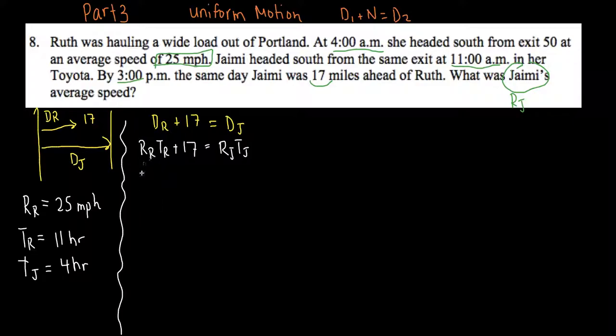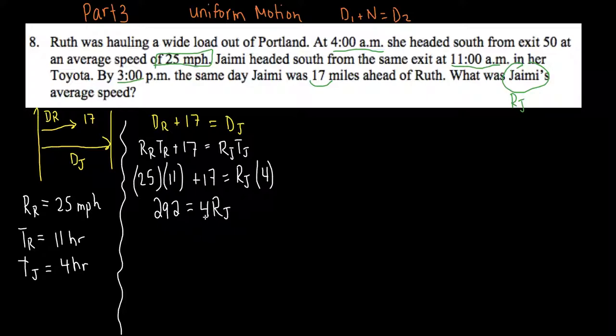Now I can just plug everything in. The rate of Ruth was 25 miles per hour. I'm going to multiply that by the time, which is 11. Add 17 equals RJ times the time of Jamie, which was 4. Now I can simplify. I have to multiply 11 times 25, which, using my calculator because I'm lazy today, is 275, and then I need to add 17 to that, and I get 292 equals 4 times RJ.